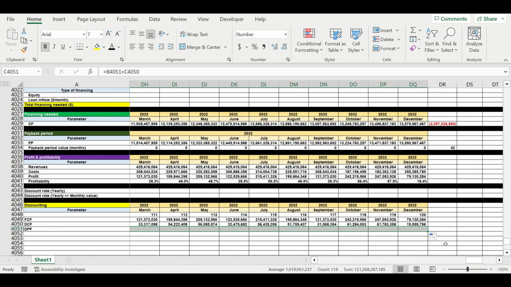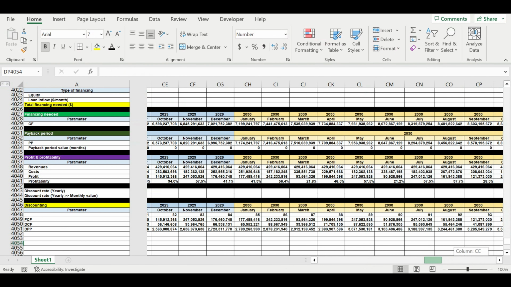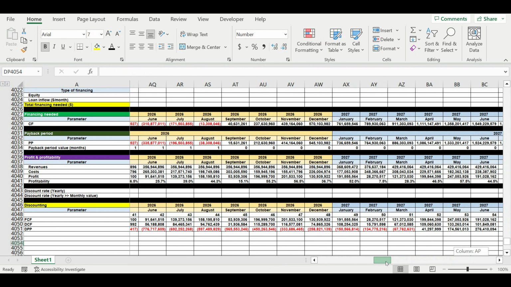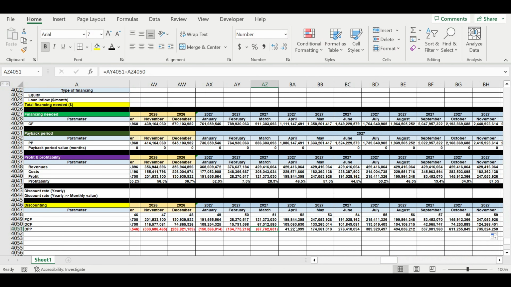And the moment when this red turns to black, so this negative turns to positive, this means that this is the discounted payback period moment.